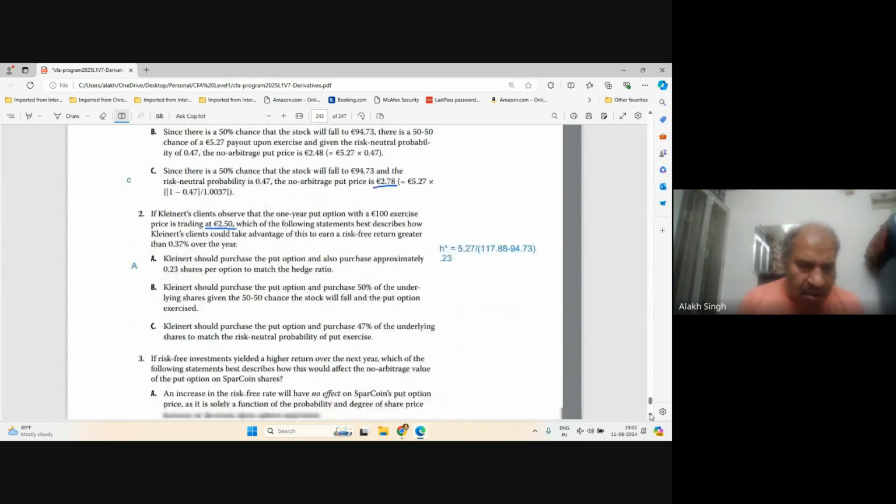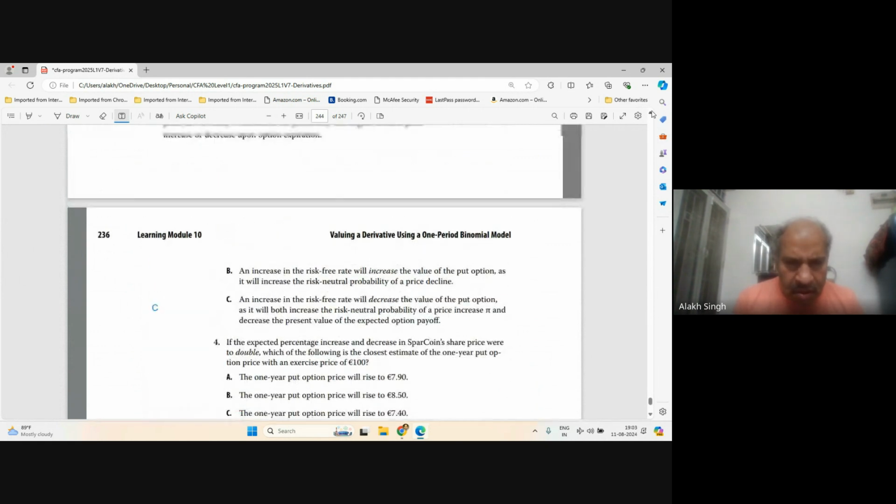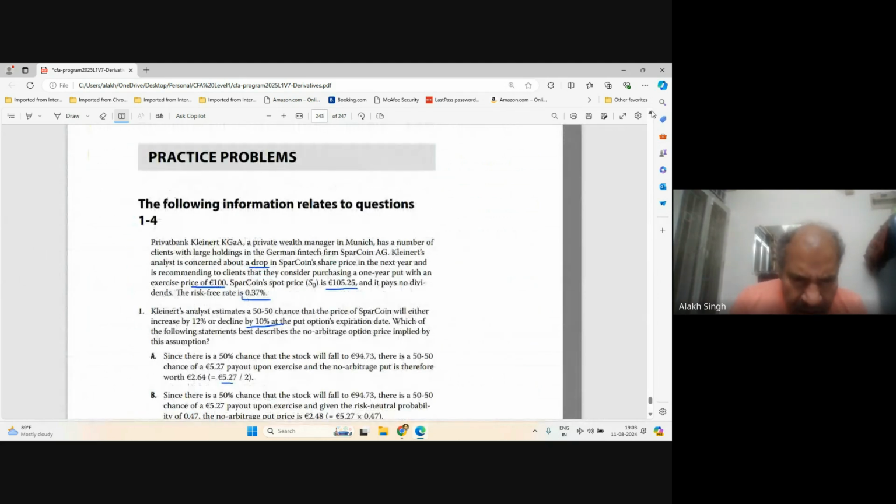1 plus 0.0037 minus RD. RD will be 0.8, because here it is declining by 10% and increasing by 12%.